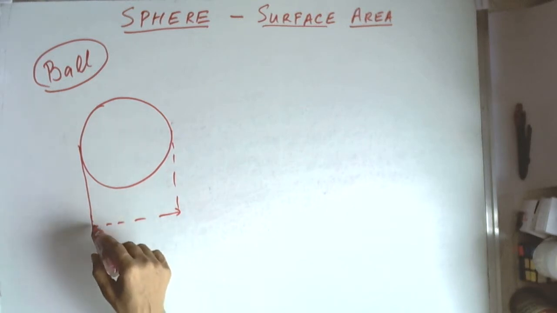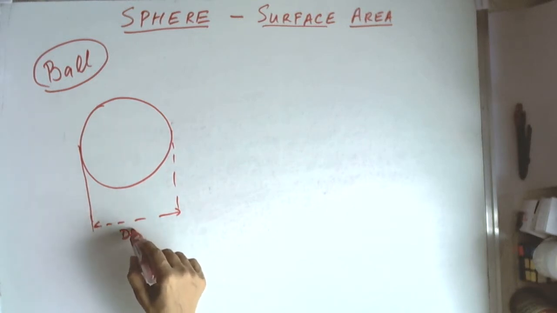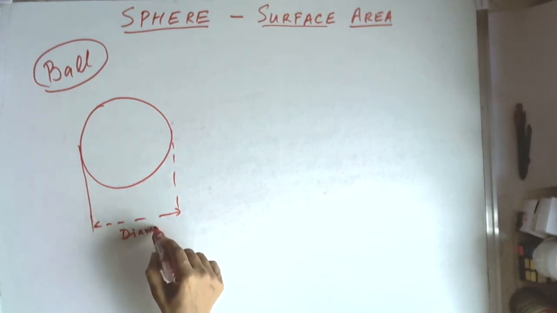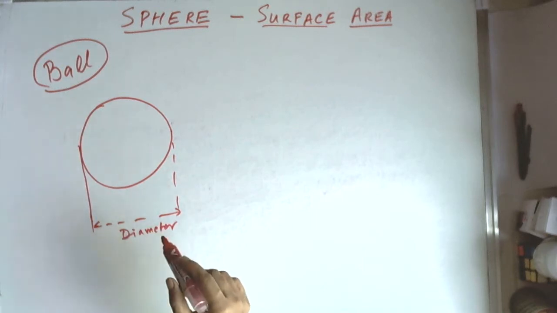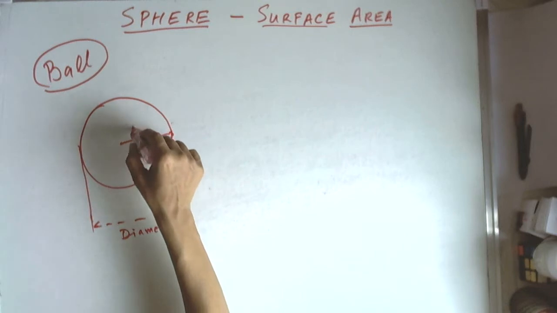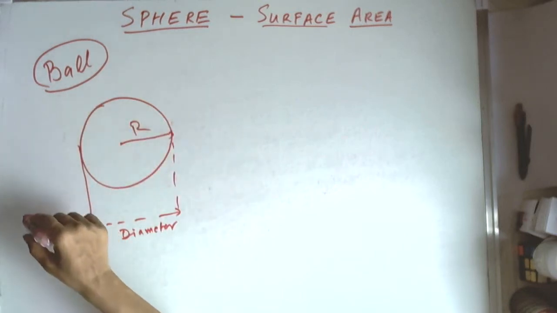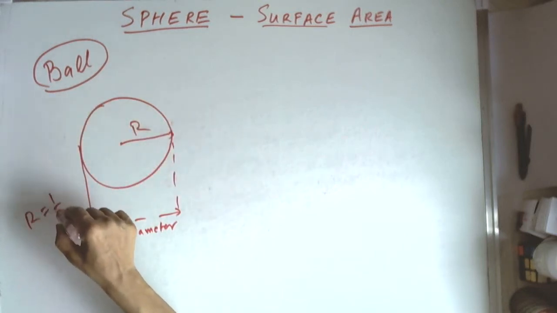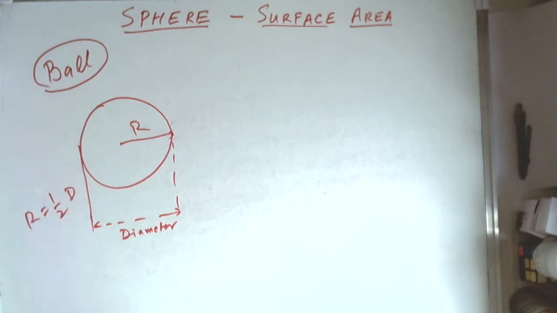So we can always measure the diameter, and then we can calculate the radius. Radius is equal to half of the diameter. So for a sphere we need only one measure, and that is the radius. Once we know the radius, we know the sphere.